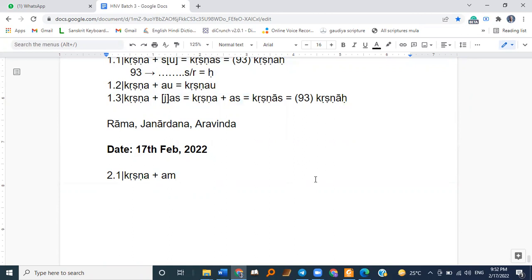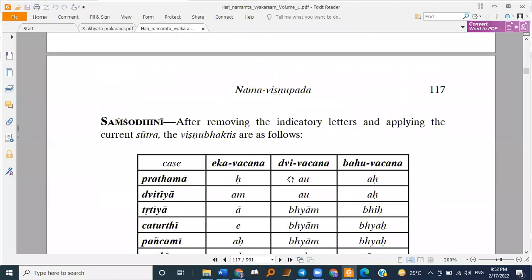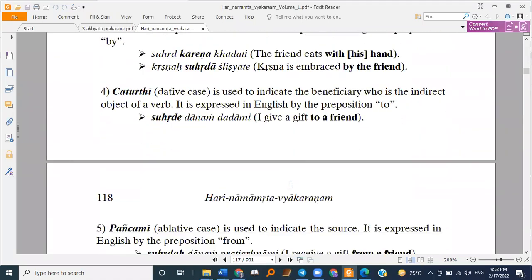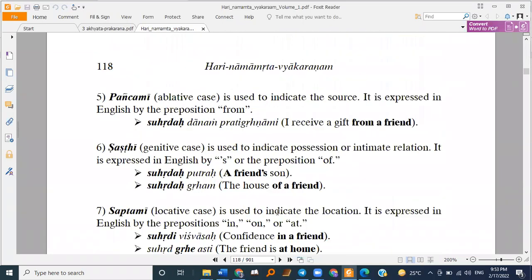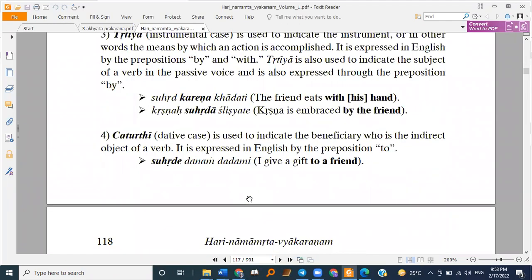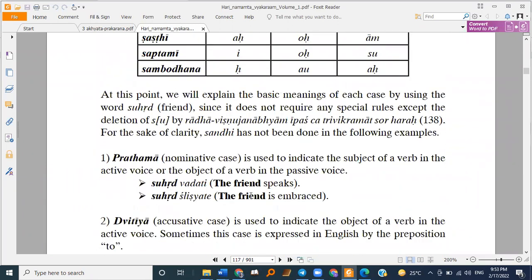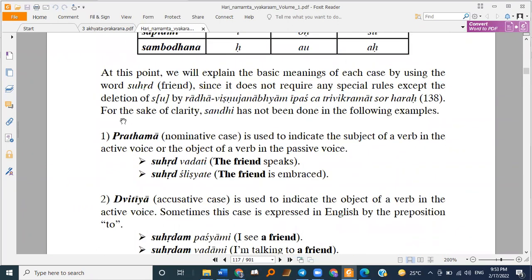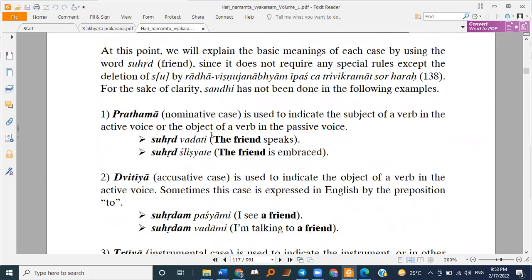So Krishna Yukta. Now what do we do here? We have a special sutra. Okay, so I generally don't read this in the classes, but for this batch, I'm thinking of doing it.